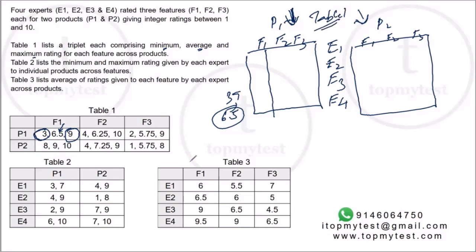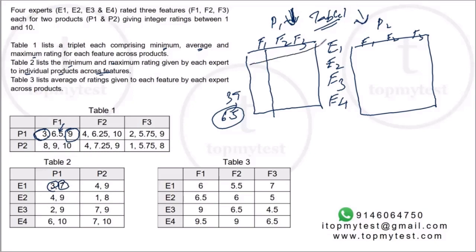Right, let's see what table 2 says. Table 2 lists the minimum and maximum rating given by each expert to individual products across the features. So according to table 2, E1 has given a minimum rating of 3 for P1 and a maximum rating of 7.